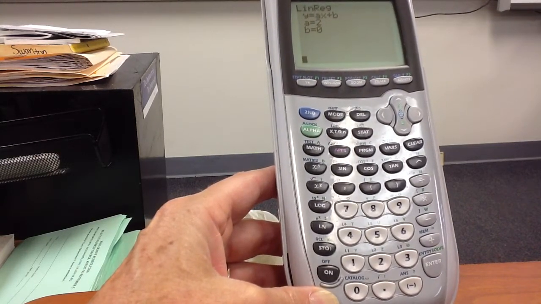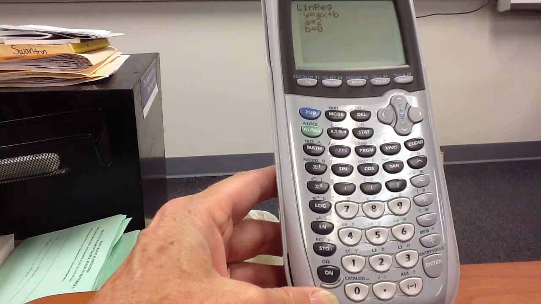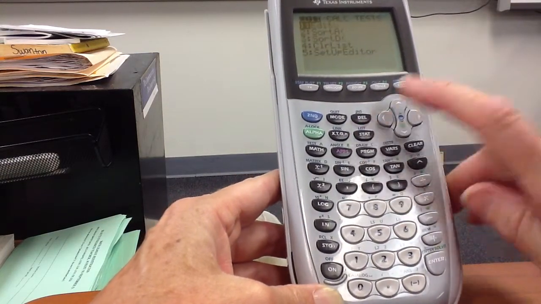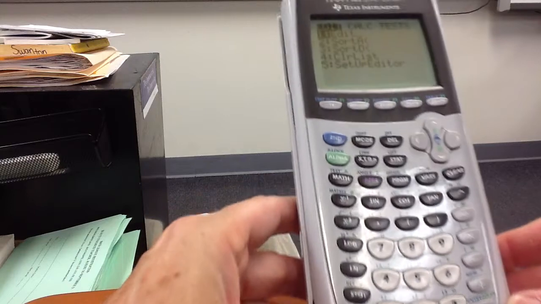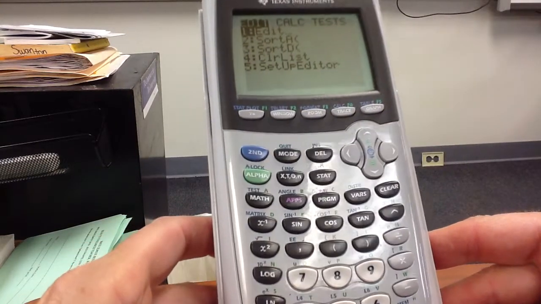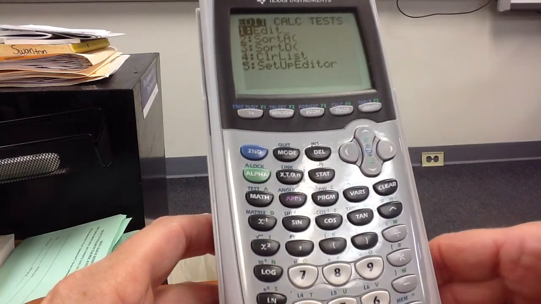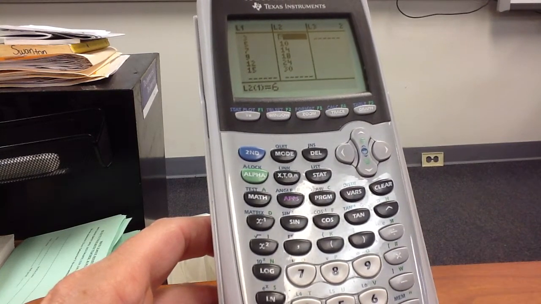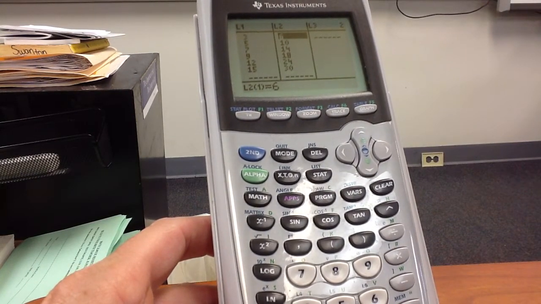Okay, now obviously we're going to have to make some modifications. We're going to go one step at a time. So here we go. We have to put our data in. So when we go to put data in, we go to Stat, and we choose the Edit feature. Okay? Now, just like we talked about before, we all have data in L1, L2.